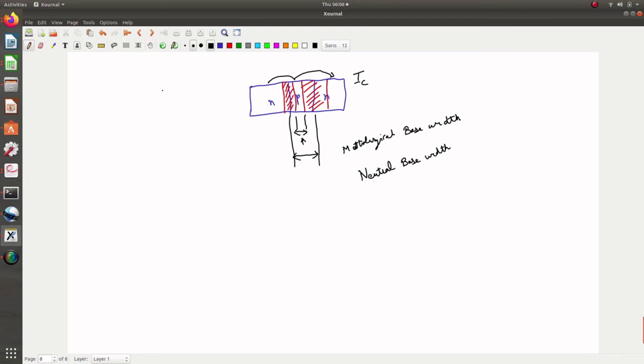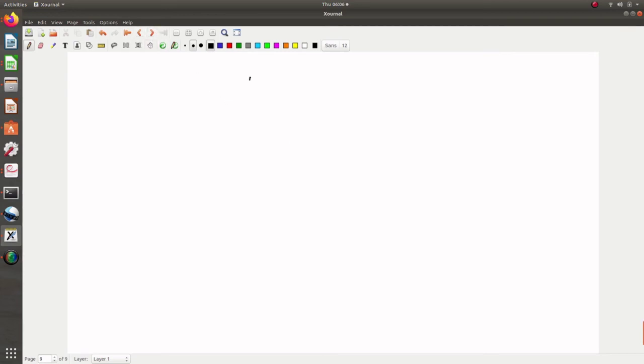Another thing is, I will take another page. In an NPN transistor, this is the emitter, base and collector. Emitter is N-type, base is P-type, and collector is another N-type. In order to make it N-type, we'll have donors.